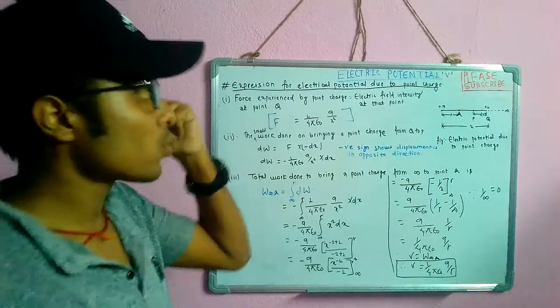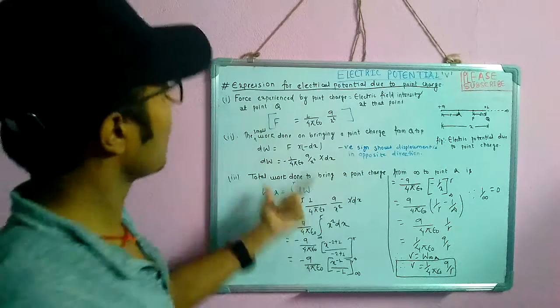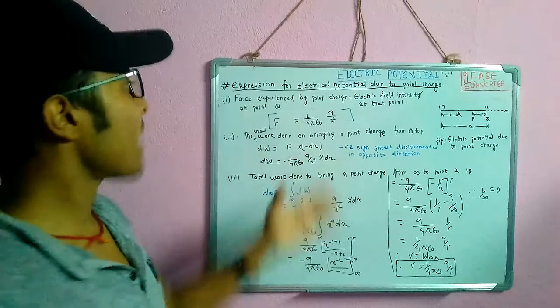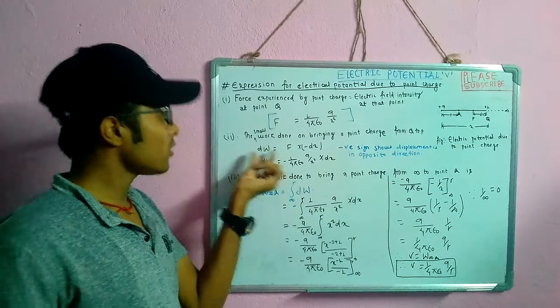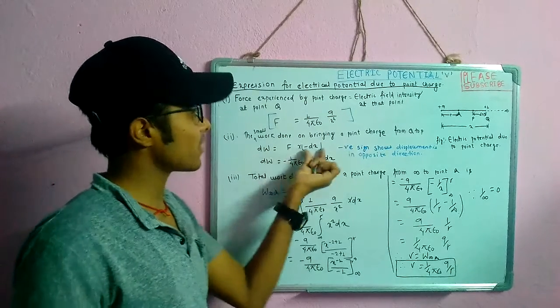The small work done on bringing a point charge from Q to P, the second point which should be in our mind to prove or derive the expression: dW, that is small work done, is equal to force into displacement.